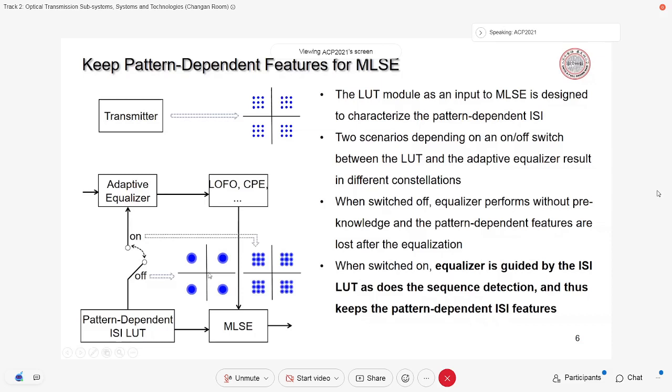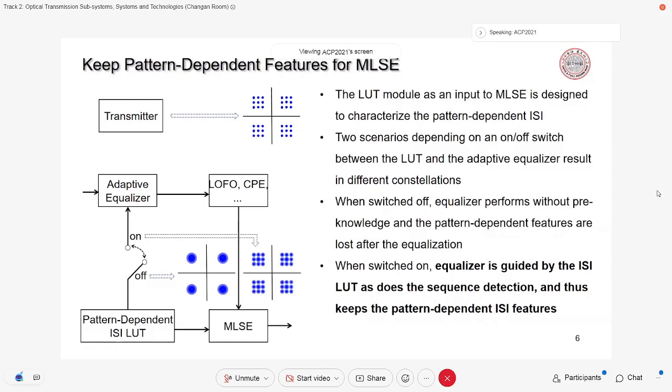But it may look good for a QPSK target, when you hand this to the MLC, then the MLC wouldn't be able to do its job, because it would expect something like that, because it tells you there is an ISI feature for you to deal with, and the adaptive equalizer just destroyed all the fancy things it can play with.